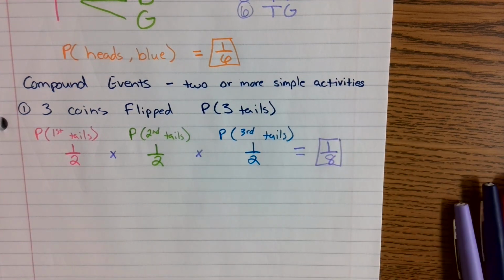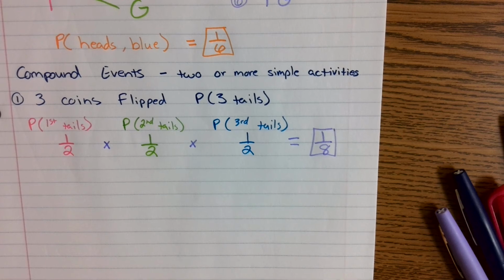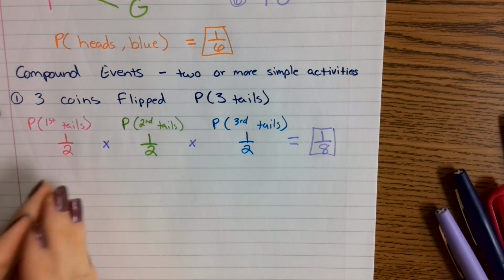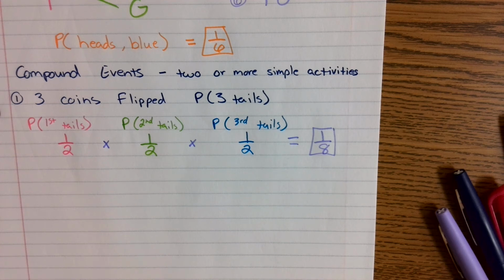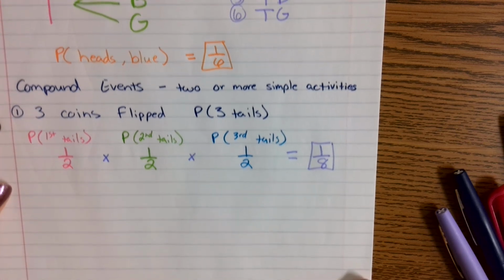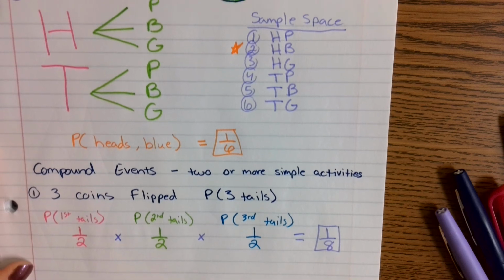So when it's compound events, all you're doing is finding the probability separately for each activity and then multiplying those probabilities together. That's all. It's very simple, which makes sense. Up here, we take a look.